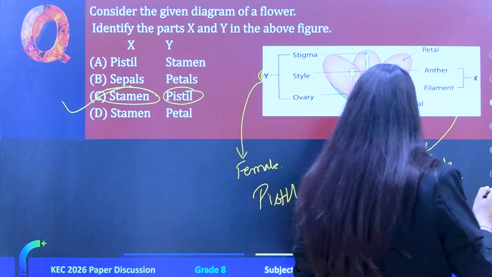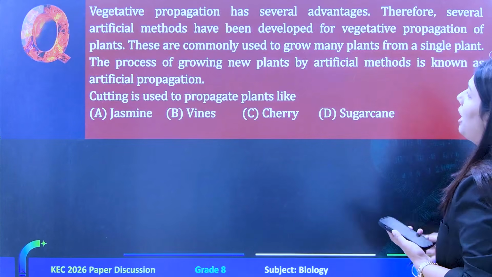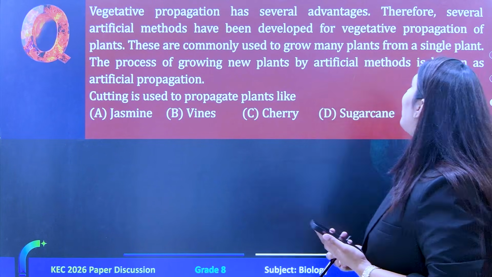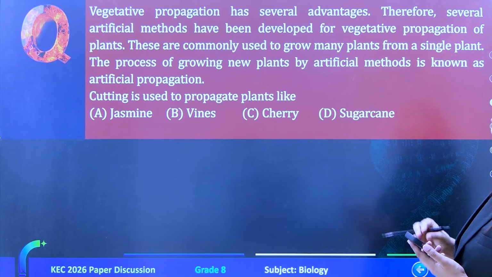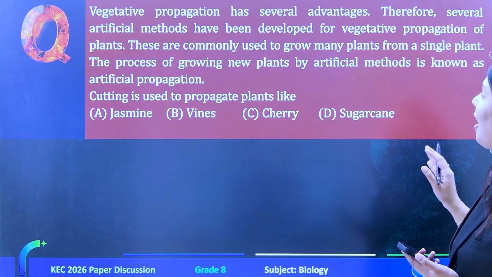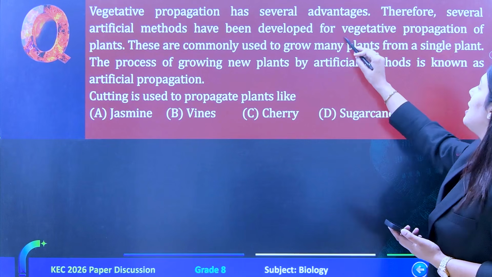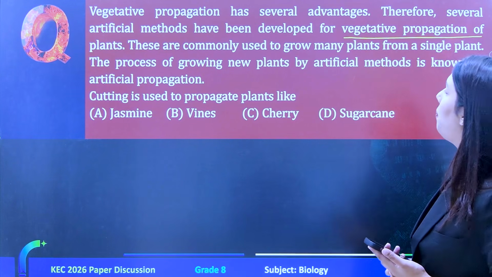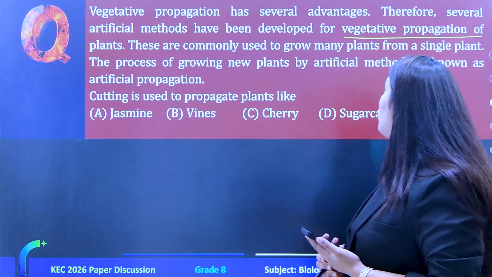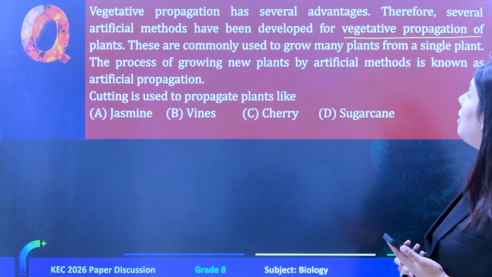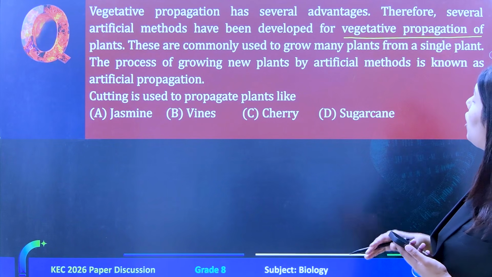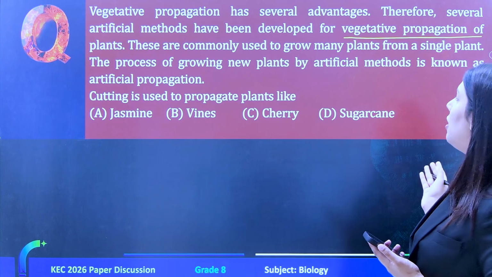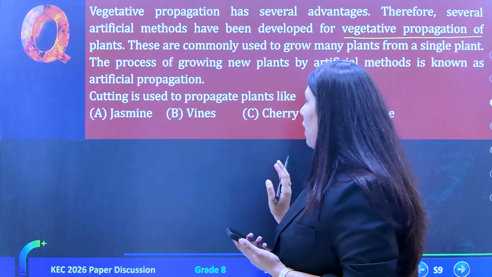Okay, fine. So now the next question. Vegetative propagation has several advantages. Therefore, several artificial methods have been developed for vegetative propagation of plants. These are commonly used to grow many plants from a single plant. The process of growing a new plant by artificial method is known as artificial propagation.